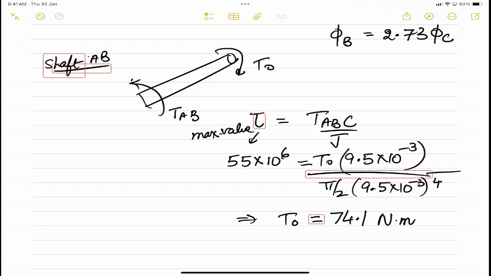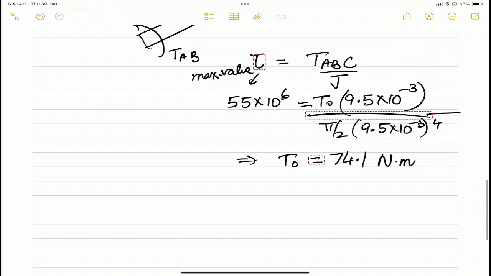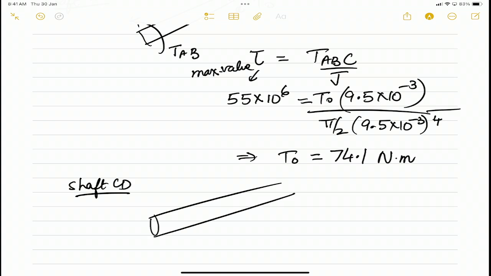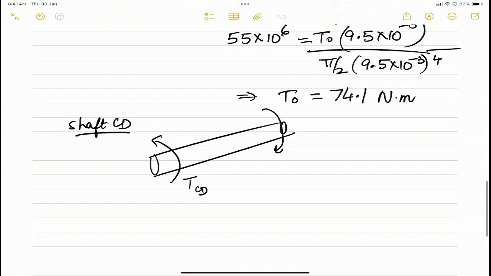So this way, okay, continuing back to this problem, when we do this, using the shaft AB, what we get is T0 must be equal to 74.1 Newton meters. Now, if I look at shaft CD, in the shaft CD, what I have will be TCD, and the opposite of this will come on the other end.